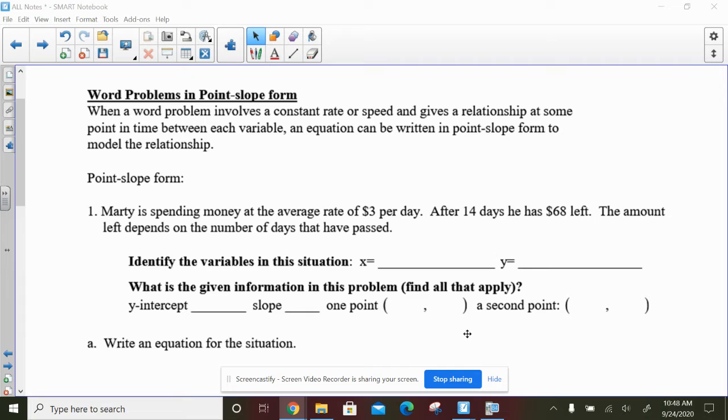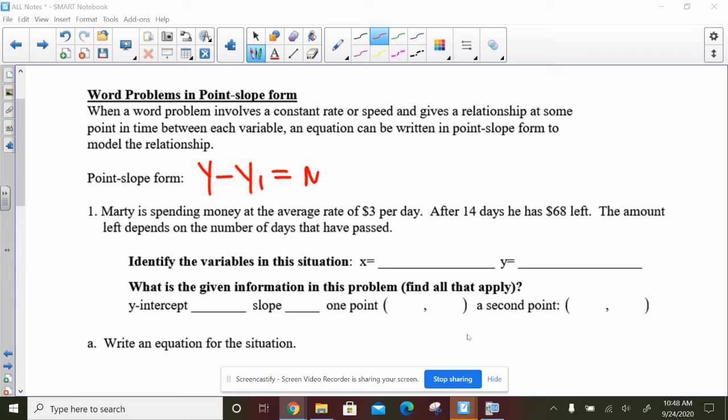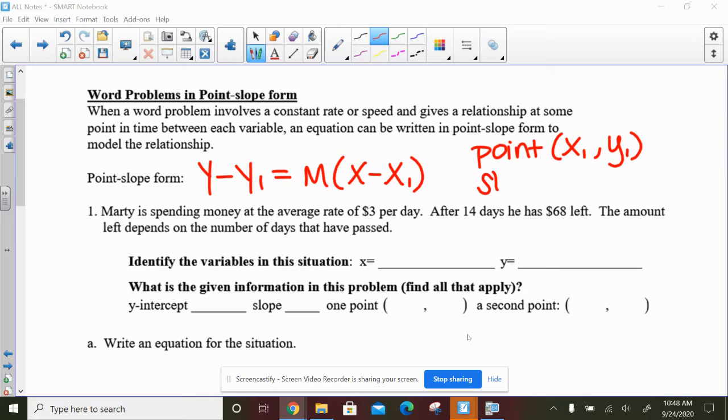So let's remember what point slope form is: y minus y1 equals m times x minus x1, where your point is x1, y1, and your slope is m.